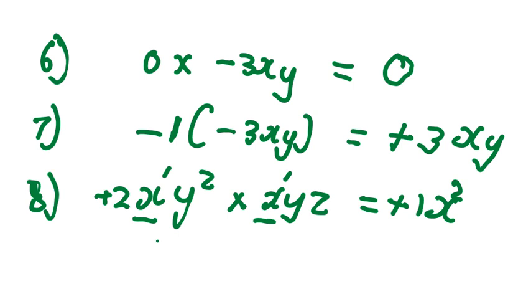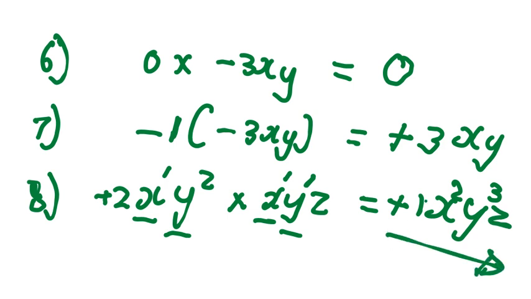You're gonna look for another same variables. There's y and there's y. You're gonna take only y, but add the exponent. 2 plus 1 is 3. Seems like z is going alone, so it's not gonna be multiplied with anything, so you're gonna group it back also. So this is our answer. Sorry, here I meant to write 2 because it's 2 times 1, so it's 2.